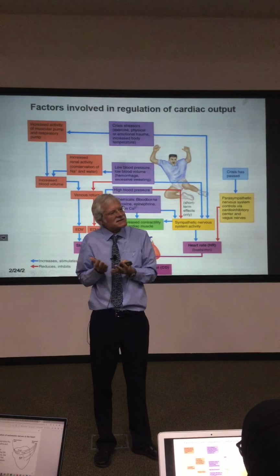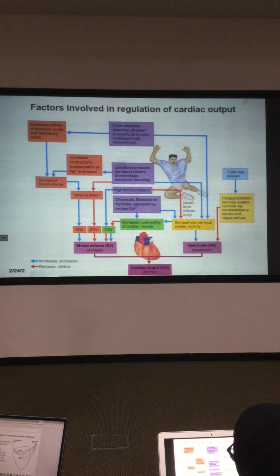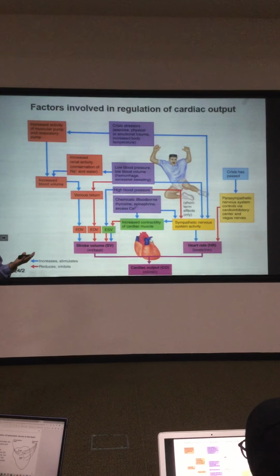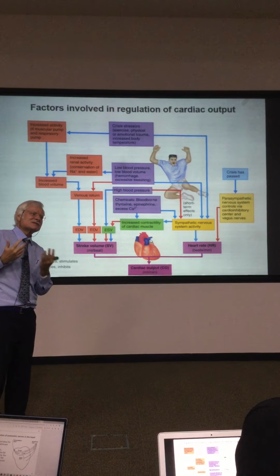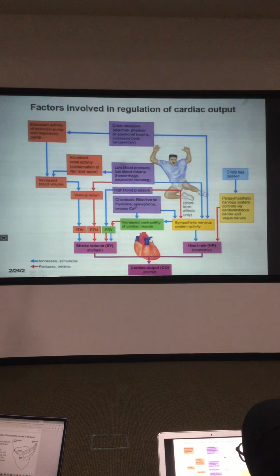That's what I mean by muscle pump. Similarly, when I breathe in, that creates a vacuum around the heart, and it tends to promote venous return. When I breathe out, it increases the pressure, so the venous return is not so facilitated. That's what I mean by respiratory pump.